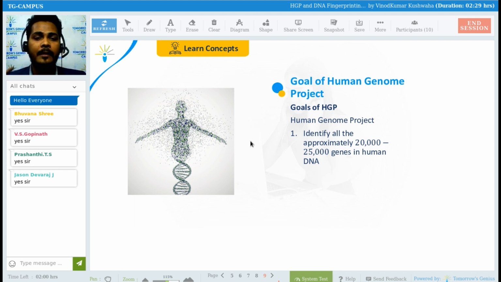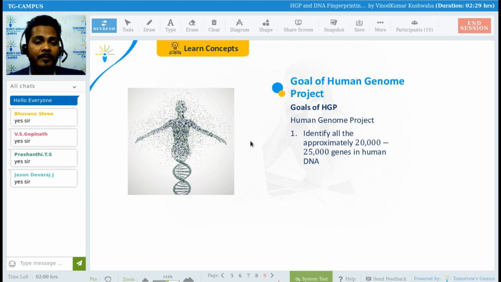identify all the approximately 20,000 to 25,000 genes in the human DNA. It was estimated that there were about 1 lakh genes in the human DNA, but at the time of sequencing it was found that there are only 20 to 25,000 genes.